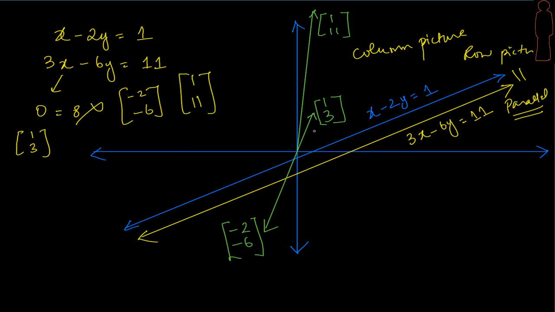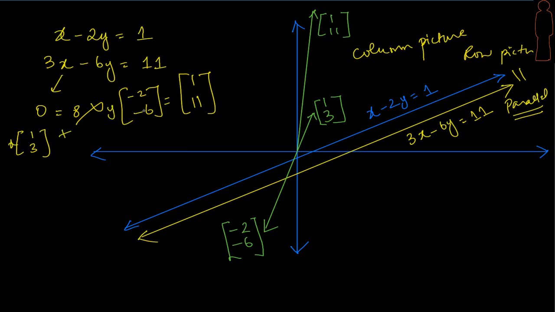And remember, what do linear system of equations mean when looking at the column picture? It means what are the scalars whose linear combination of these vectors, which are the scalars I must choose, x and y, so that it gives me the right hand side vector. Remember that this is how we talked about this, right?